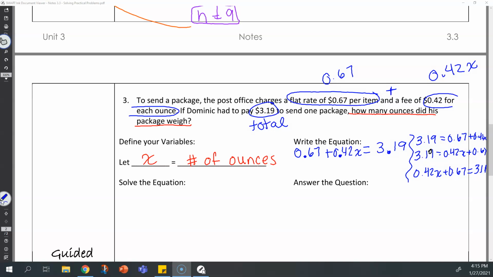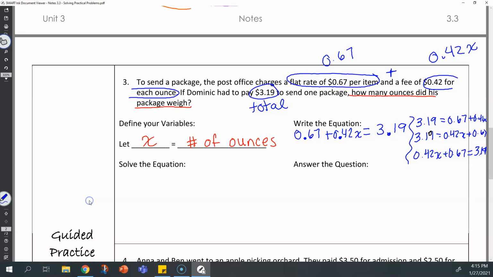Any way that you can figure this is fine, as long as $3.19 is by itself and your 0.42x and your 0.67 are being added together. Okay, so now that I have my equation, I want you to solve it. Okay, I want you to solve this equation.